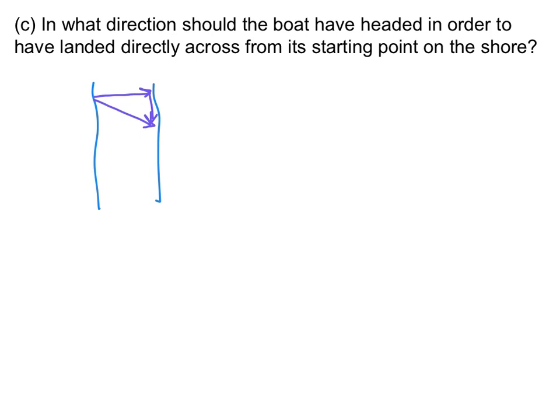We want the boat, if it starts here, to end up directly across. In order to do that, the boat's going to have to not go directly across, but go a little bit against the river, so that when the river brings it back, it's actually going directly across. That's the triangle I'm working with.